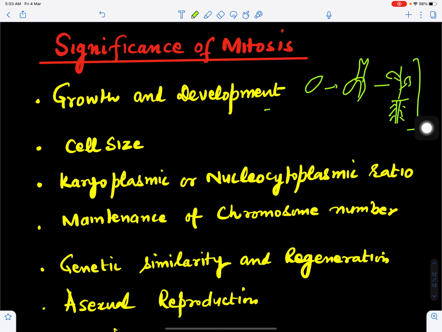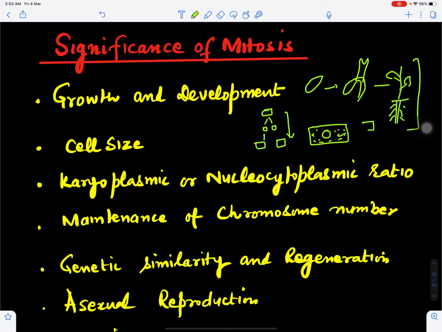Now, when one cell divides into two cells, right, this cell will further mature up to attain a proper size. So cell size is maintained by mitotic cell division. Now, if we see, this is one cell and it has a nucleus, and this part is cytoplasm. So this is called the karyoplasmic ratio or nucleocytoplasmic ratio. I mean, what is the amount of nucleus and what is the cytoplasm?